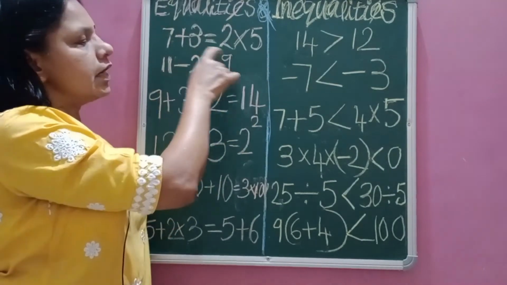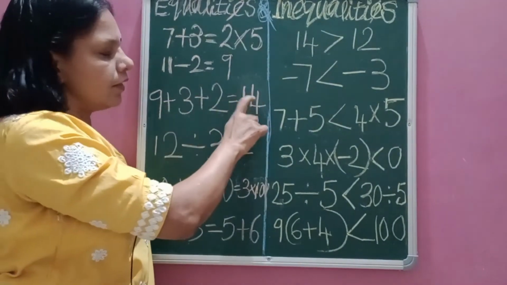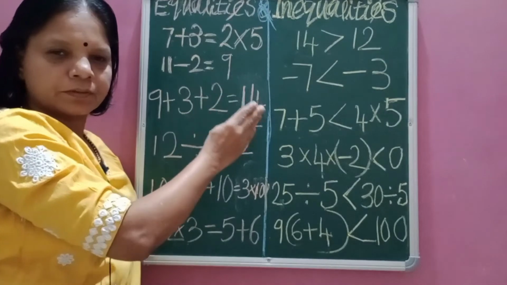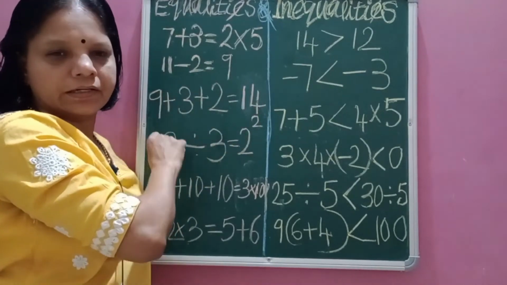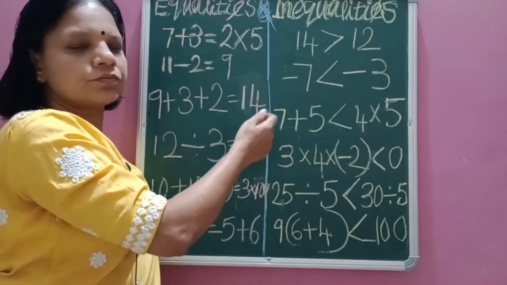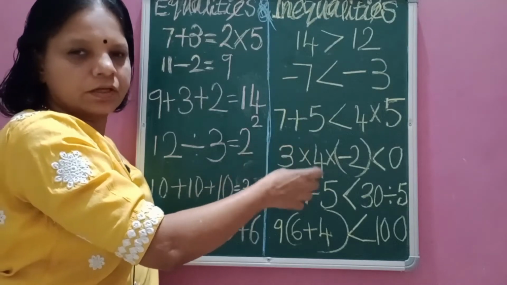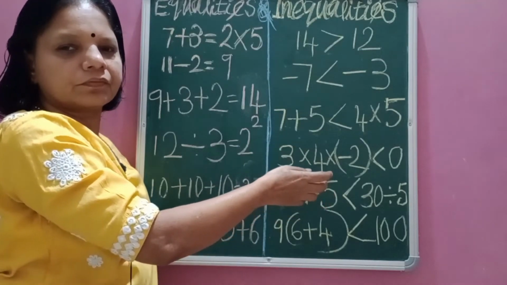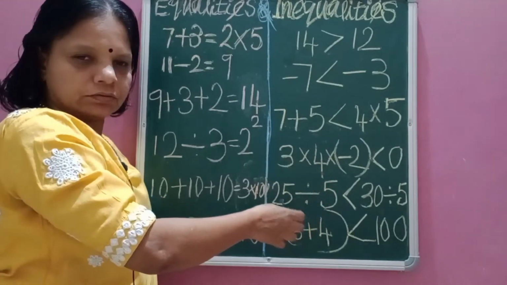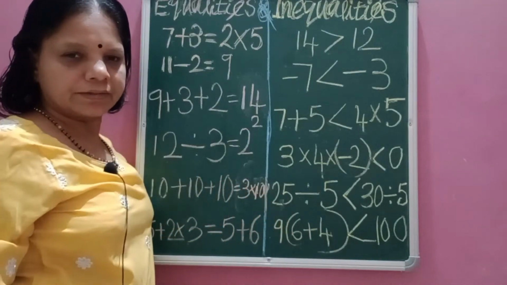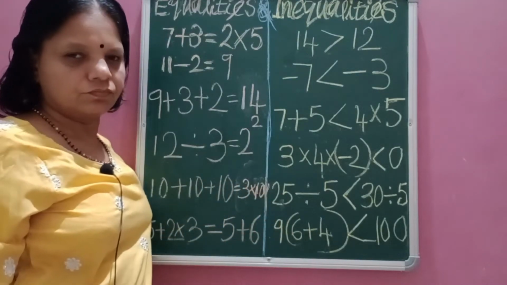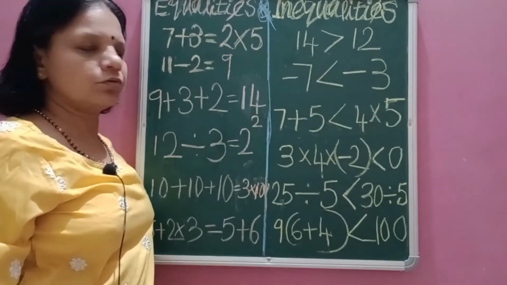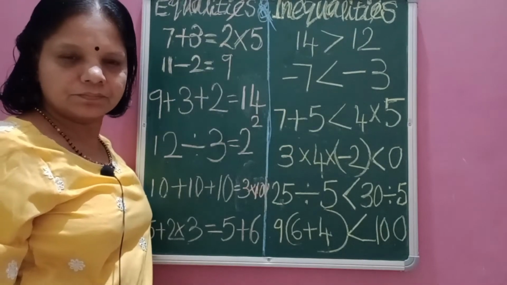The expression to the left of the equal to sign is called LHS, and the expression to the right is called RHS. And what is the full form? Left hand side and right hand side. For convenience we are mentioning. So understood what is equality?